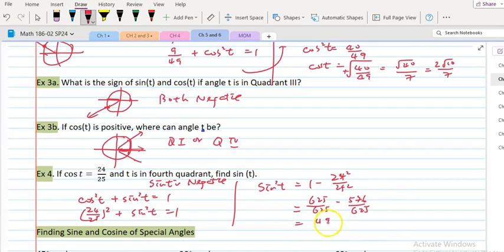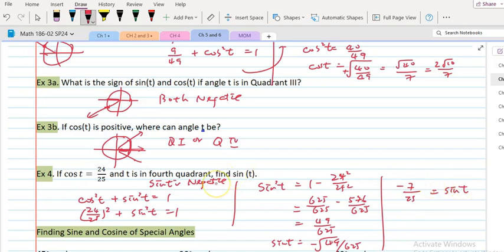You get 49 over 625. That's sine squared t. So sine t would be the square root, but negative. Why? Because I noticed that it is in quadrant 4. The square root of 49 over 625, top and bottom, is negative 7 over 25. So this is equal to sine t.